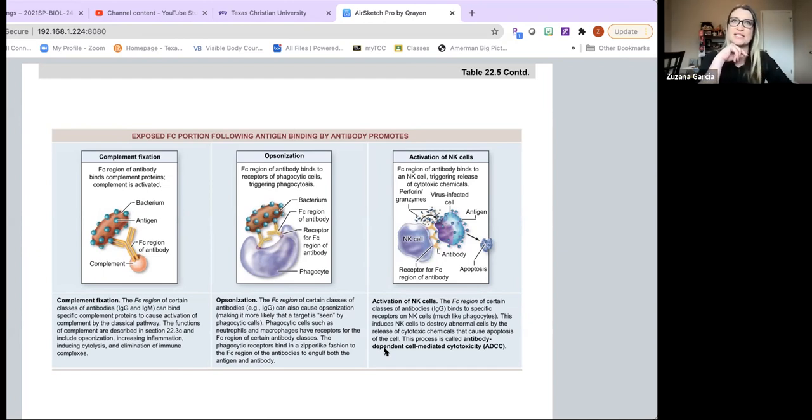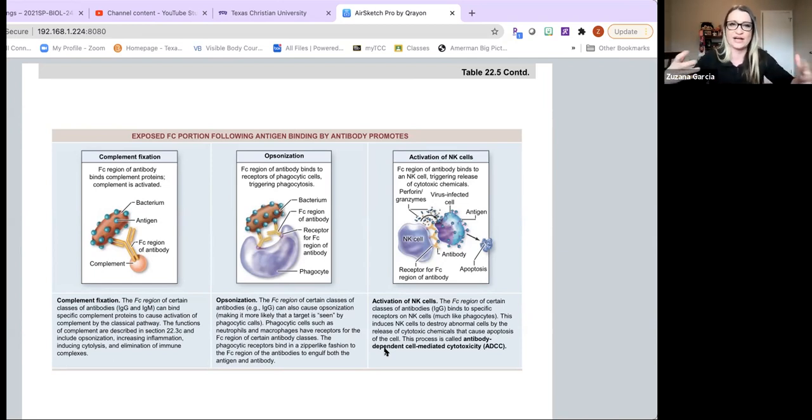Complement has several different functions. It's part of that innate immunity. So if you forgot what complement does, go back and look at what complement can do. One of the functions of complement is actually opsonization. But the Fc region, even without complement, can cause opsonization.